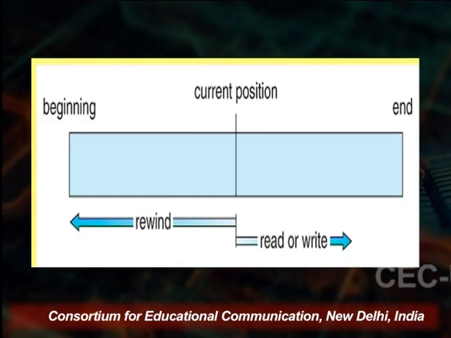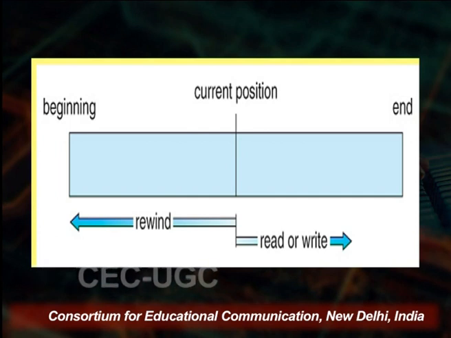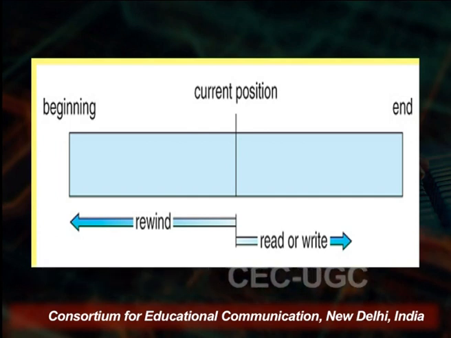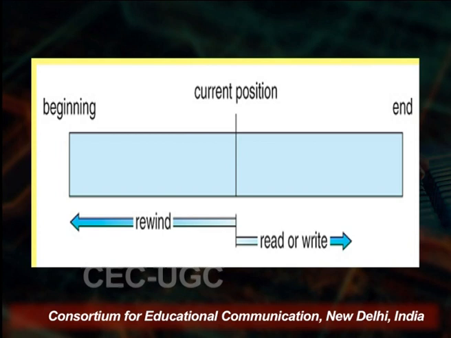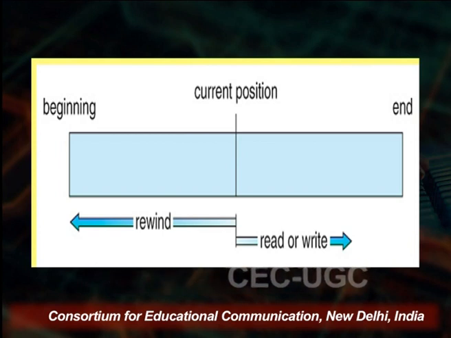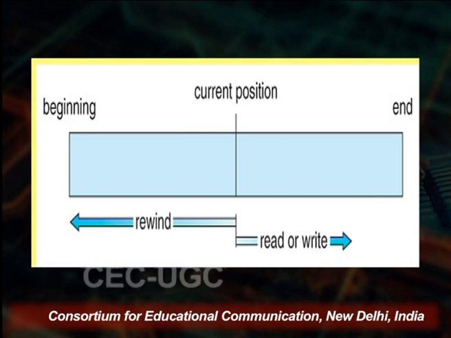Here on the screen, if you can see, there is the current pointer, and we have the beginning of the file and the end of the file. From the current position, if we want to go forward, we can simply go by reading or writing. We can simply move our file pointer, but if we want to go to the beginning, we need to rewind the whole thing, and this is what the sequential access type is.